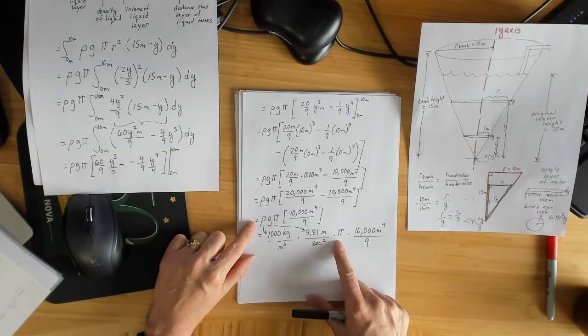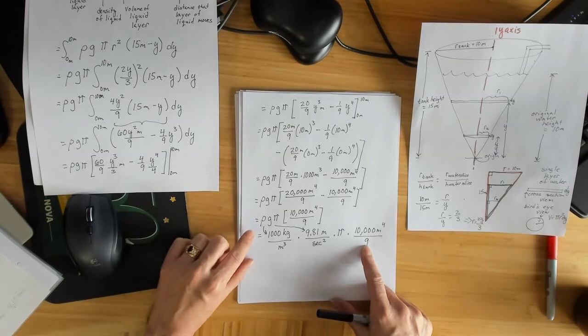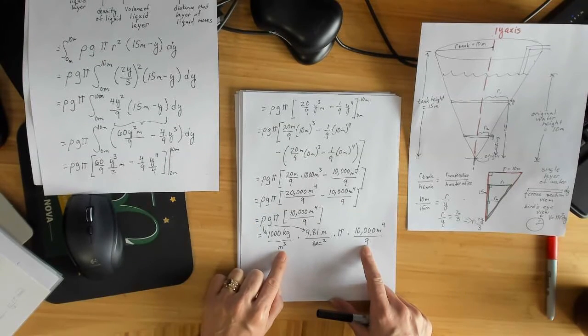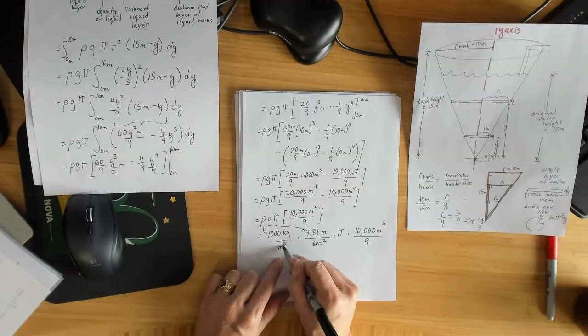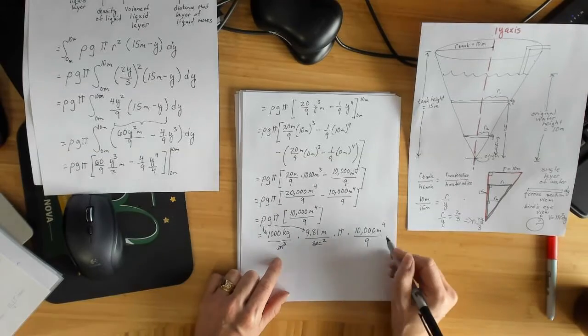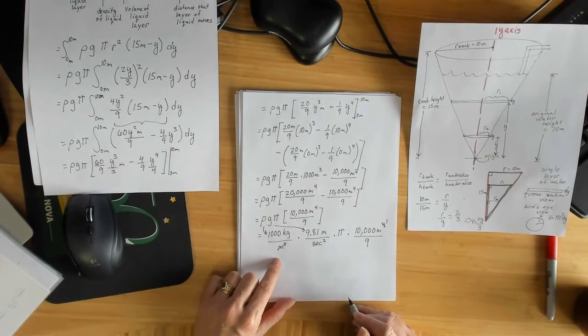Pi is still here. And then we have the 10,000 meters to the 4th divided by 9. If I have meters cubed in the denominator and meters to the 4th in the numerator, then that means that I can cancel all of the meters in the denominator and it will leave behind 1 meter on that particular factor in the numerator.